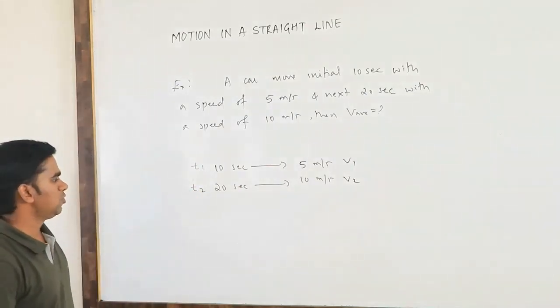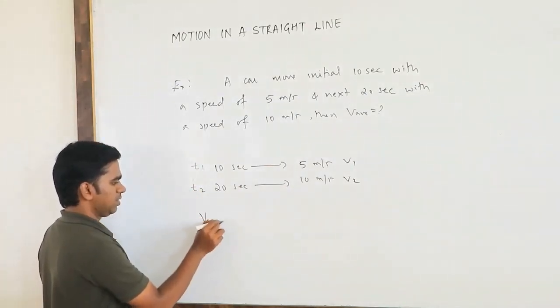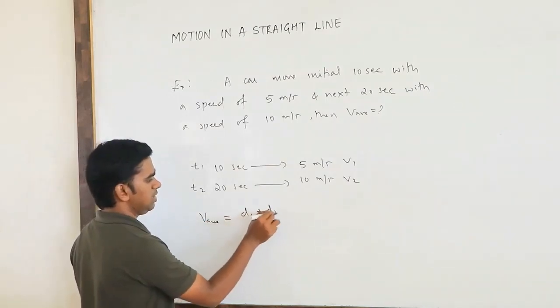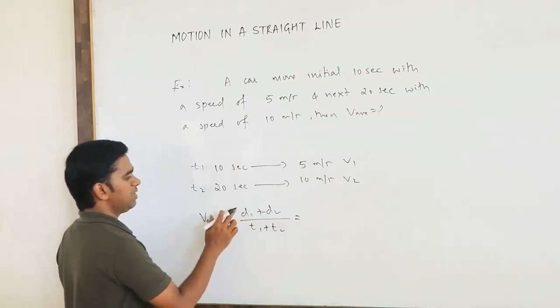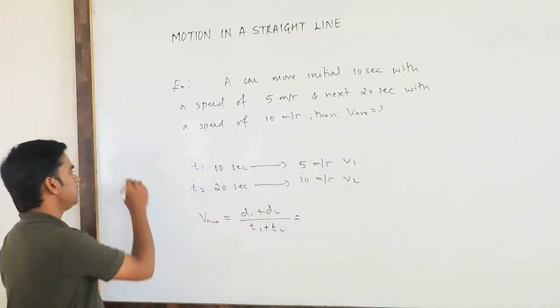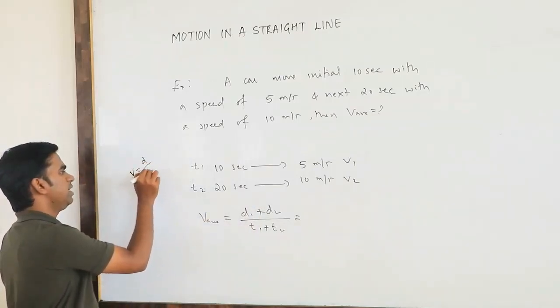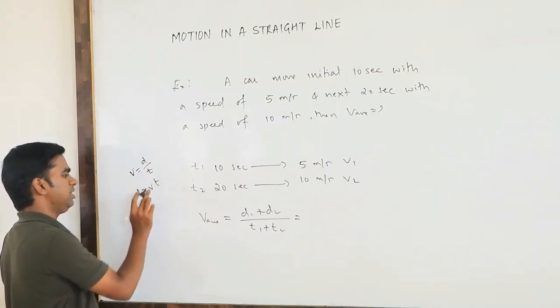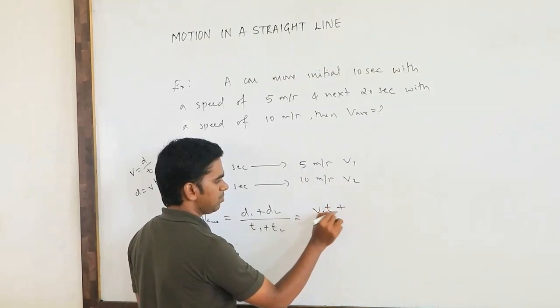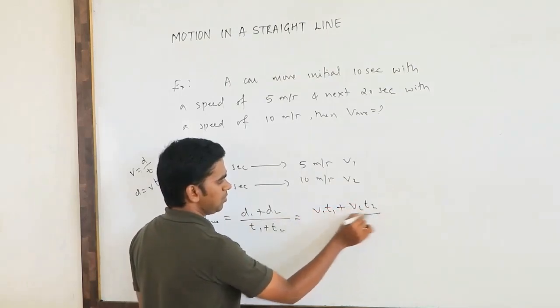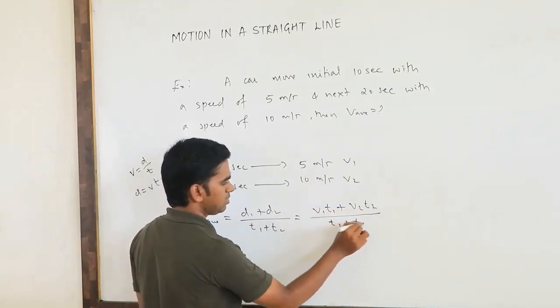So to find the average velocity, d1 plus d2 divided by t1 plus t2. But d1 d2 are not given, but you can use v equals to d by t. So d is v into t. So substitute in place of d1, v1 into t1 plus v2 into t2 whole divided by t1 plus t2.